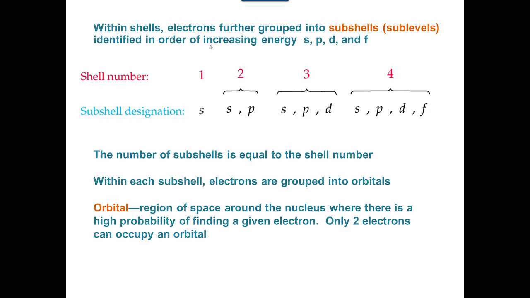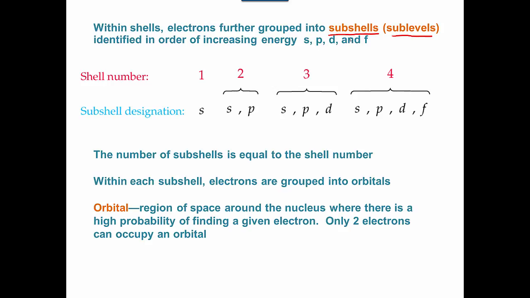It turns out that within shells, electrons are further grouped into subshells, also called sublevels. And just like the shells, for example, shell number 2 is higher in energy than shell 1, shell number 3 is higher in energy than 2, shell number 4 is higher in energy than shell number 3. So as n increases, so does the energy.